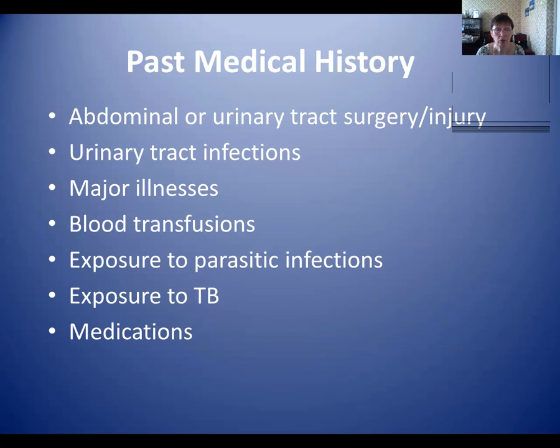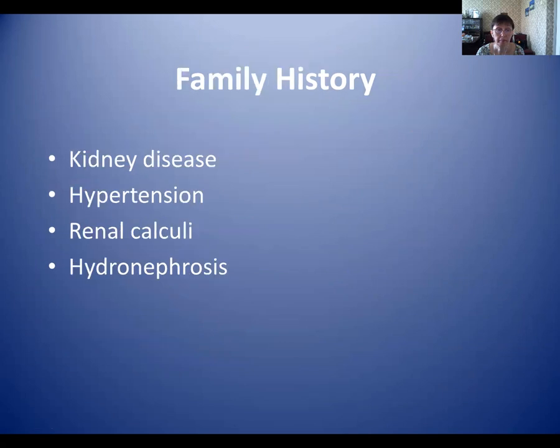It may be also urinary tract infections, major illnesses, blood transfusions, exposure to parasitic infections, exposure to tuberculosis, different medications. All this can influence the development of the urinary disease.